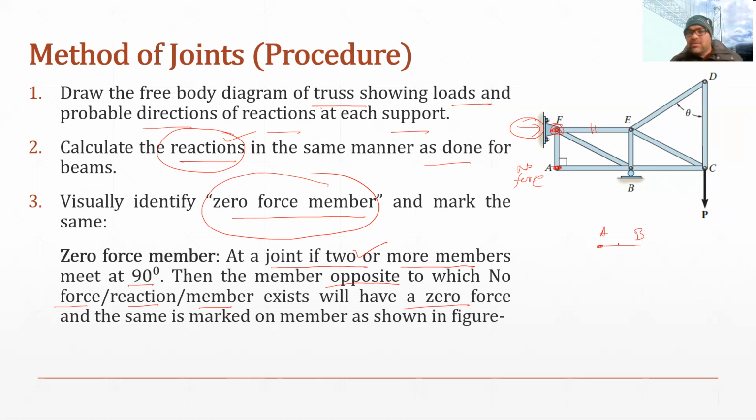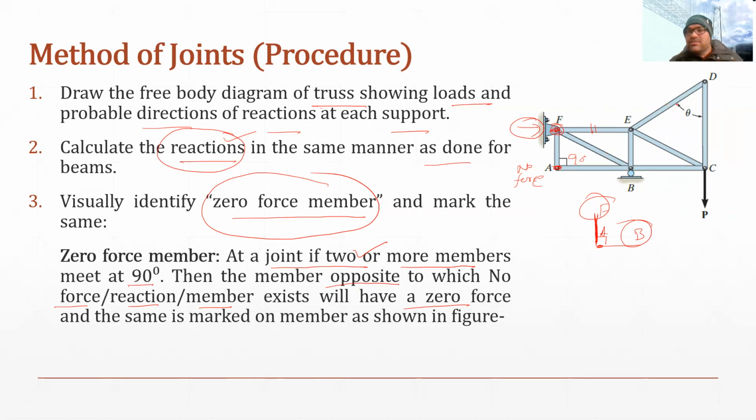Similarly, the second member is this one, which is AF. Opposite to AF will be the downward side, and in the downward direction also there is no force, no reaction, no member. So this is a perfect candidate for a zero force member. This is also meeting at 90 degrees, and we generally consider the joint which is at 90 degrees. So in that case, member AF and member AB will be zero force members.